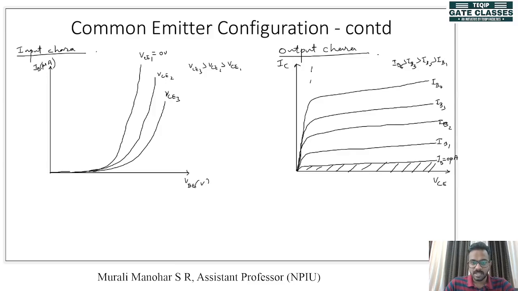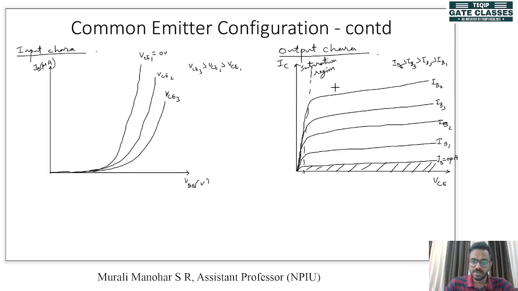This sudden increase in current corresponds to the saturation region, and this is where IC is almost constant, but it is increasing because of the early effect.